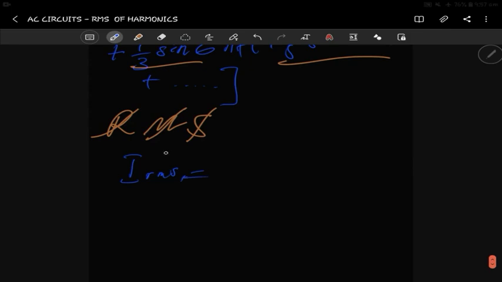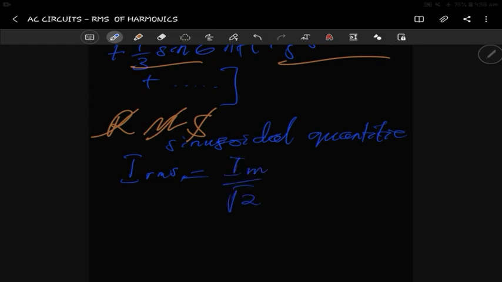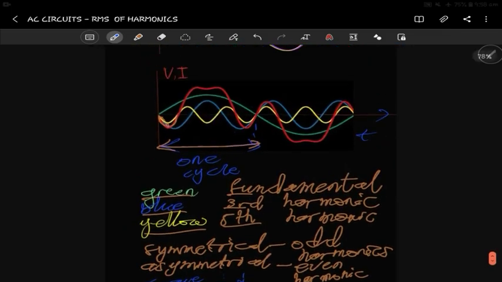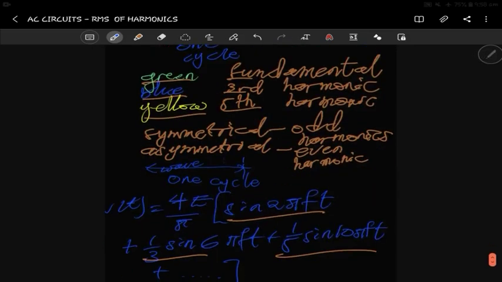We're trying to find the RMS value for sinusoidal quantities, so for sinusoidal quantities, we just take the peak value, right? What we do is that we just take the peak value or the maximum value and we divide by square root of 2, right? So that's what we said. And then we said for the harmonics, because it's a complex wave, we actually use other sine waves to represent the whole thing, right?